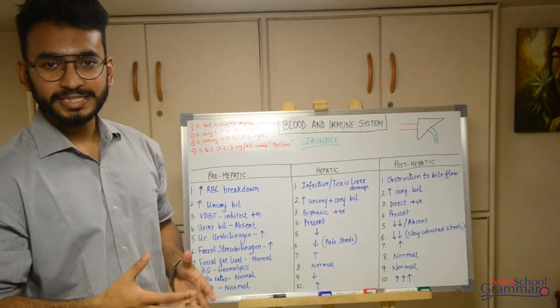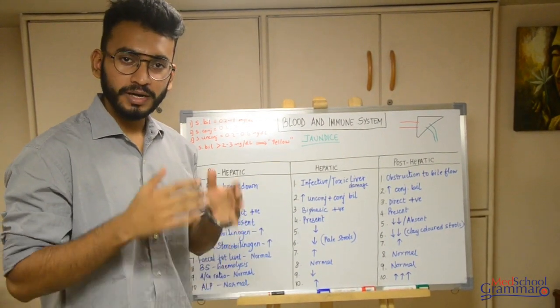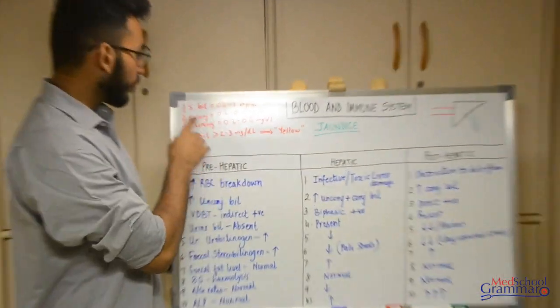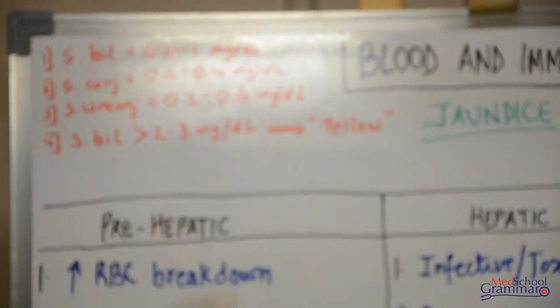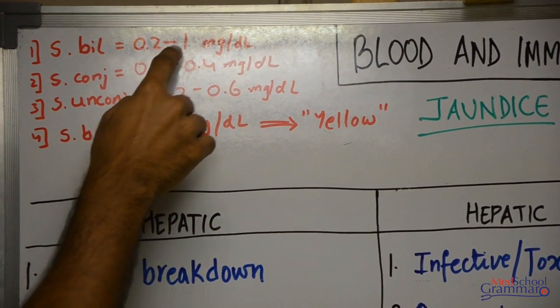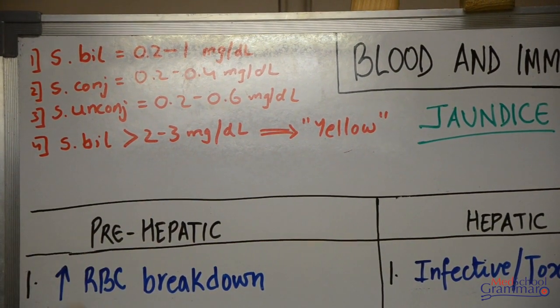Now that we've already seen the normal mechanism of heme and how bilirubin is formed, let's go and see what jaundice is. First we need to know the normal serum bilirubin levels. The normal level of total serum bilirubin is 0.2 to 1 milligrams per deciliter. Total means conjugated as well as unconjugated.